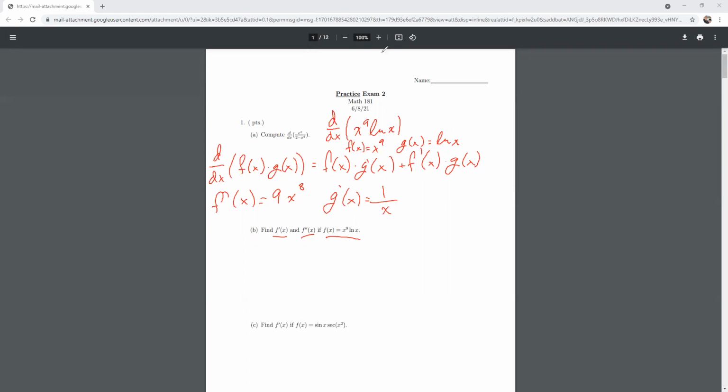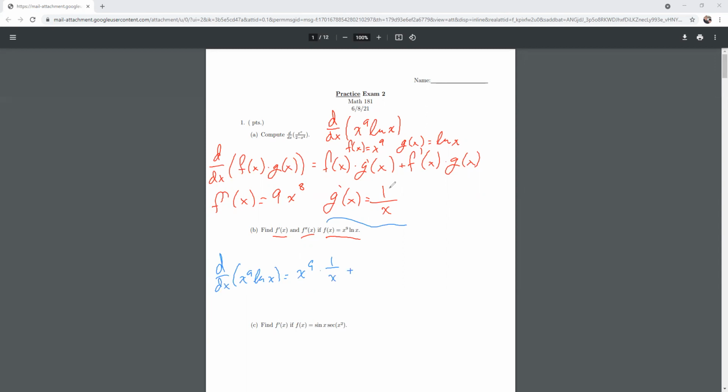All right, so now that we know that, we can plug everything in. So now the derivative of x to the ninth ln x is equal to f, which is just x to the ninth, and then we have g prime. G prime is this times 1 over x.